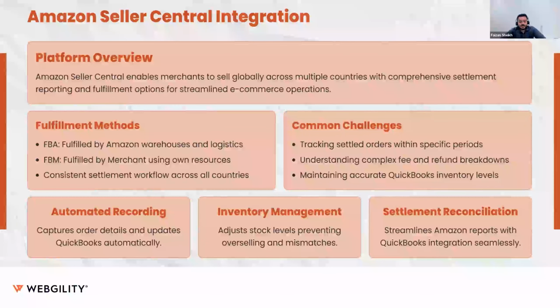This is where WebGility helps. Merchants receive orders daily, so it is important to record every order in QuickBooks. This not only helps you track the value of each order, but also ensures you adjust exactly how many quantities of items you have sold on Amazon.